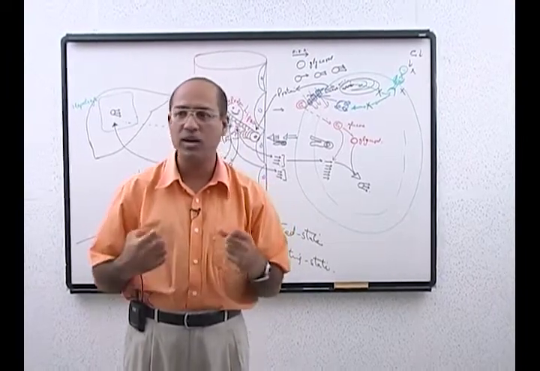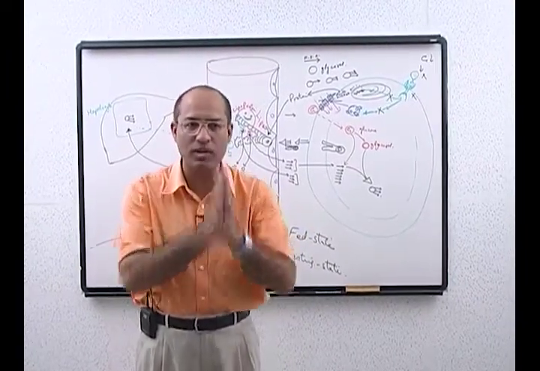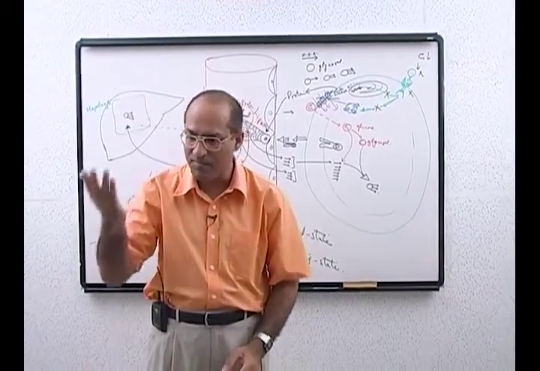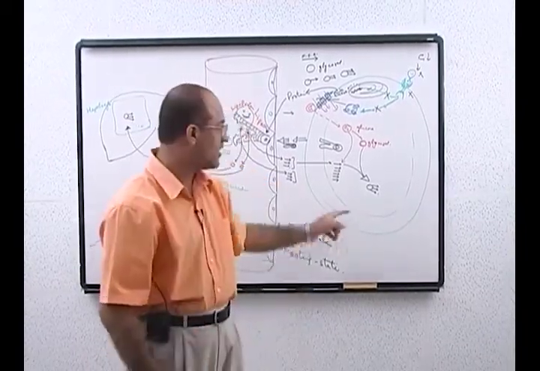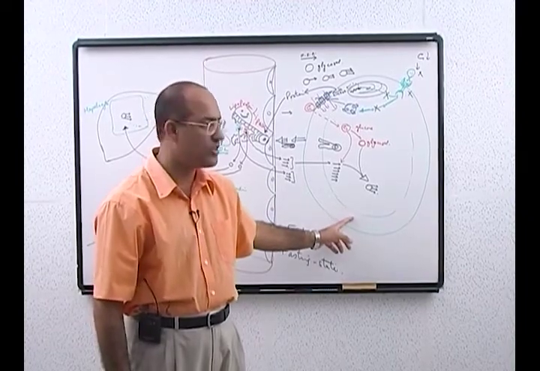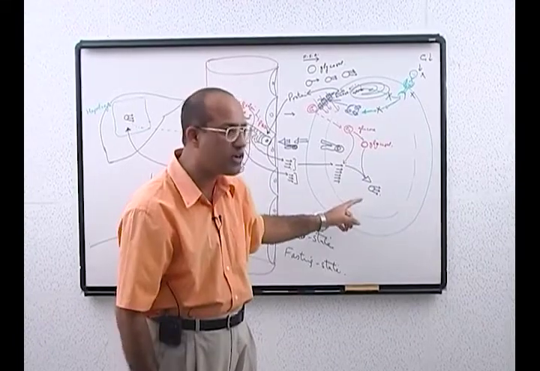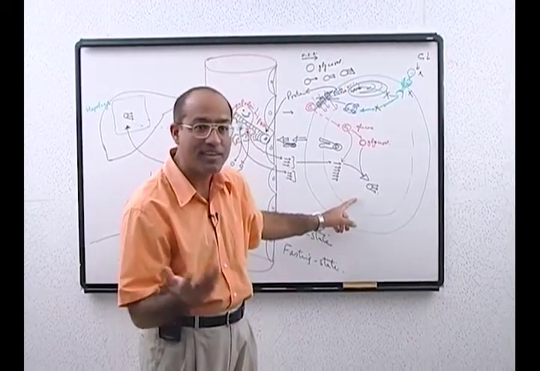How? When you are hungry, insulin levels go down and epinephrine and norepinephrine levels go up. They are the signals to this cell to release energy. Insulin is the energy storing signal. Epinephrine and norepinephrine are energy releasing signals.